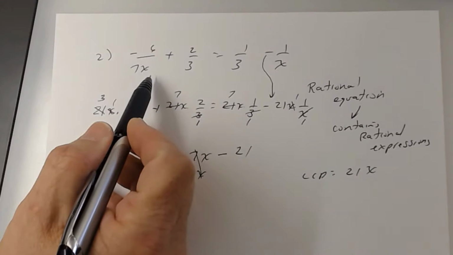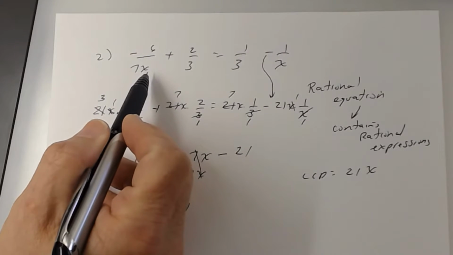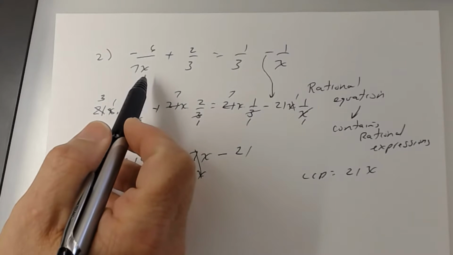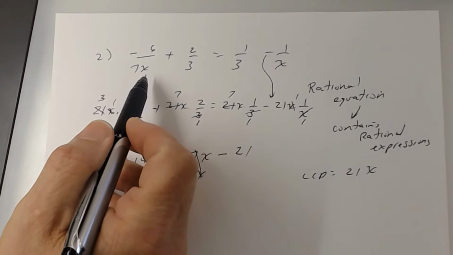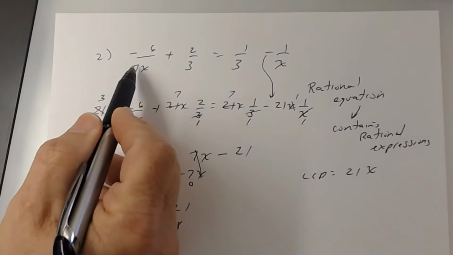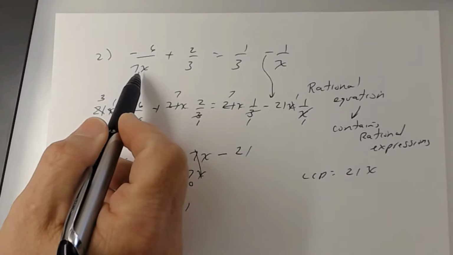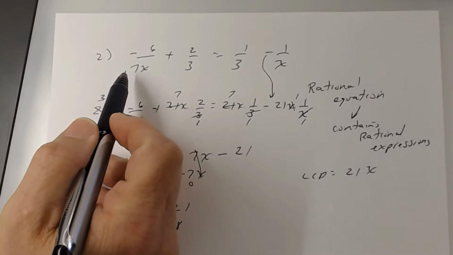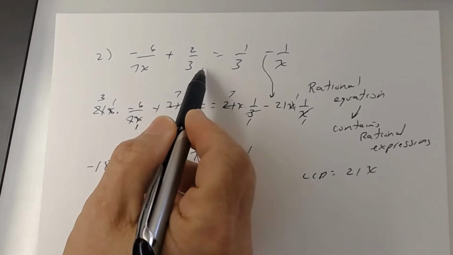This is 7x, right? What makes the denominator 0? When x is 0, because 7 times 0 is 0. Is the other denominator ever going to be 0?